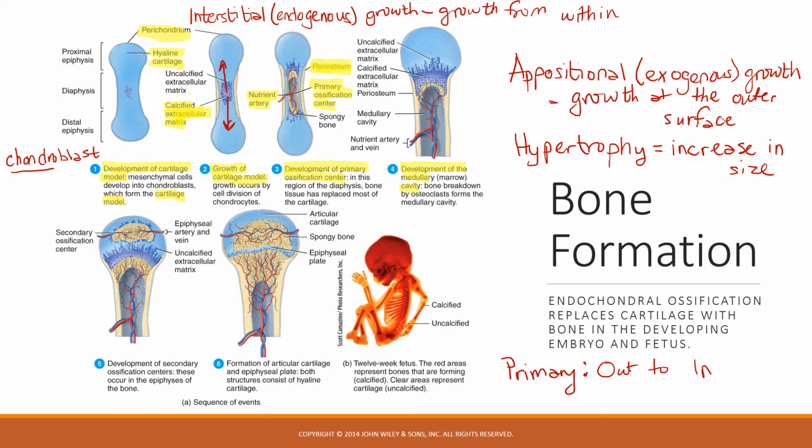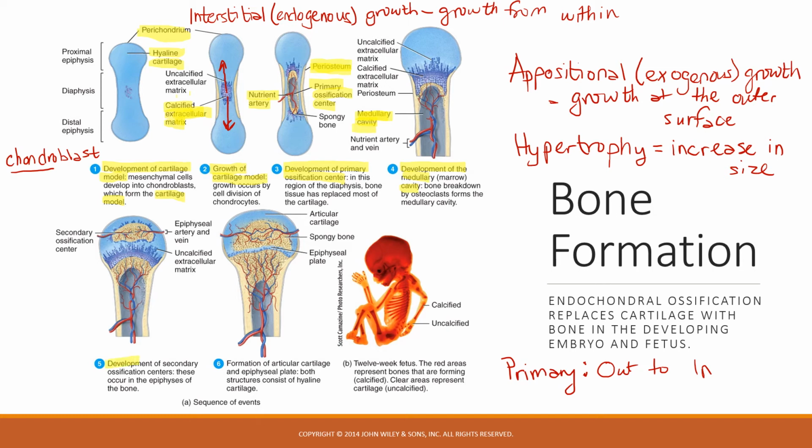And this is the medullary cavity, and this is going to be in the diaphysis. So you can see that medullary cavity there in the diaphysis of the bone. Eventually, most of the wall of the diaphysis is replaced with compact bone.